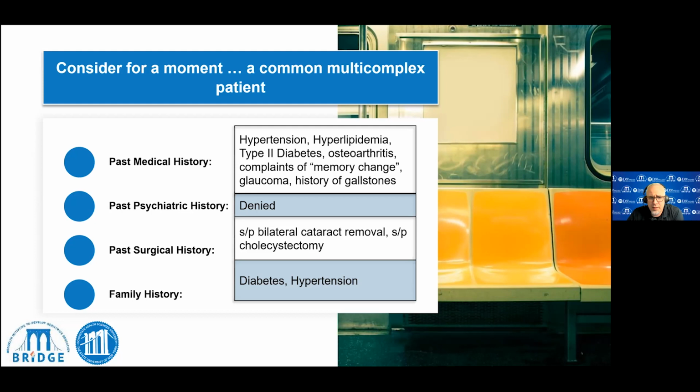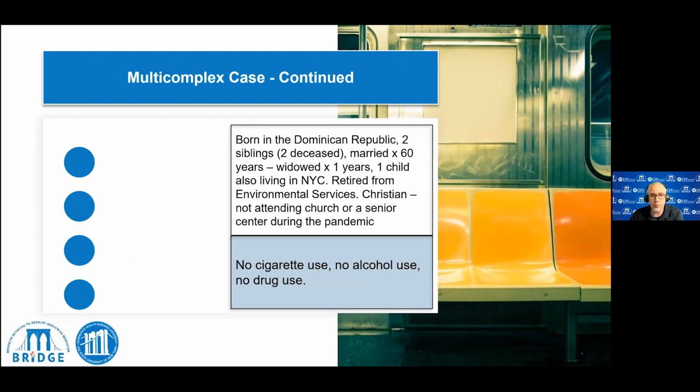So this is a patient we all see frequently on our services, especially in East Flatbush, right? This is a common multi-complex patient, but common does not mean less complex, and complex doesn't mean beyond help. So we have to always focus on what we can do.